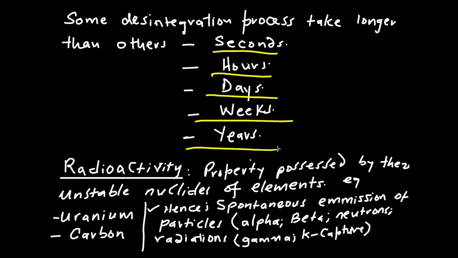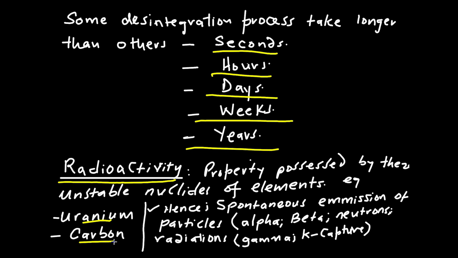When this process is studied, this is what we refer to as radioactivity. It is the property possessed by these unstable nuclides of some elements, e.g. uranium and carbon, which are isotopic and radioactive elements.